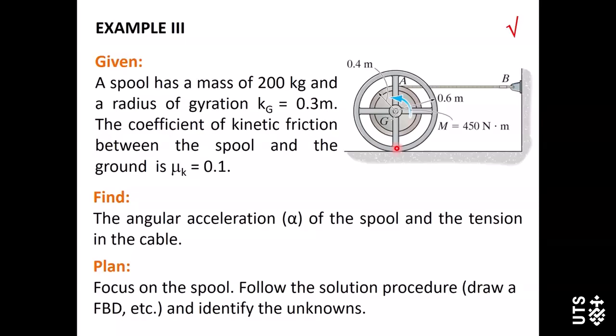The coefficient of kinetic friction between this spool and the ground is 0.1. This spool is rotating counterclockwise.